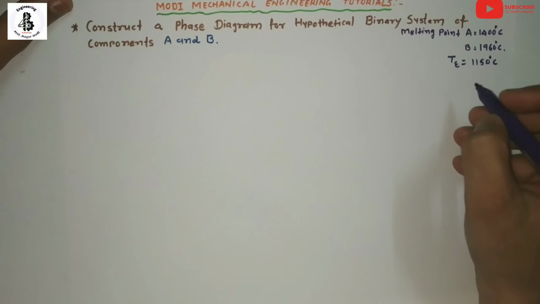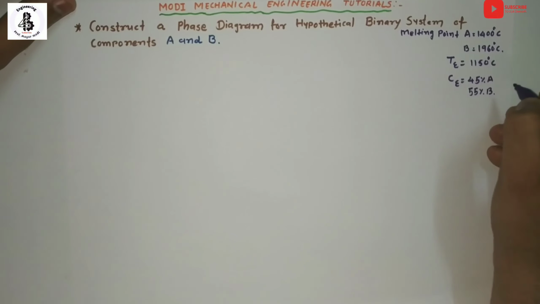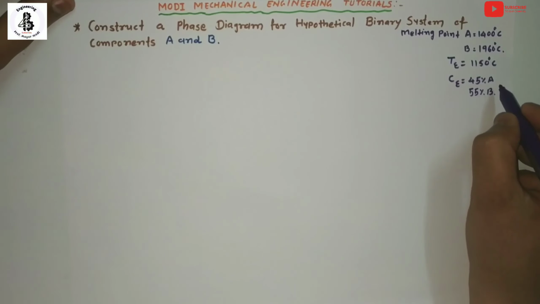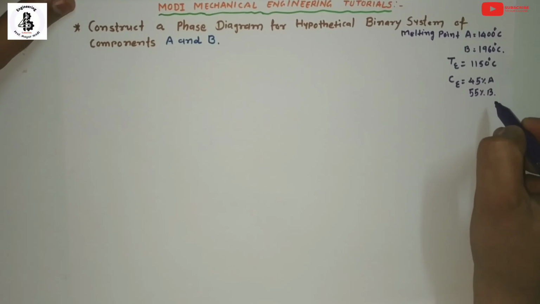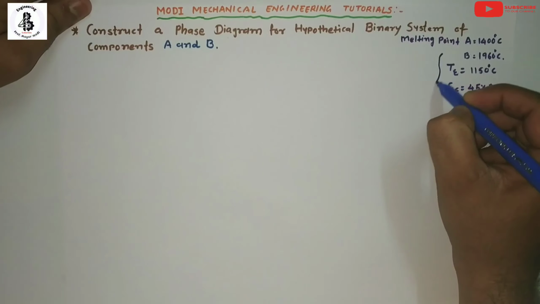1150 degrees centigrade, and the eutectic composition is 45% of A and 55% of B. Some more relations will be given like this.